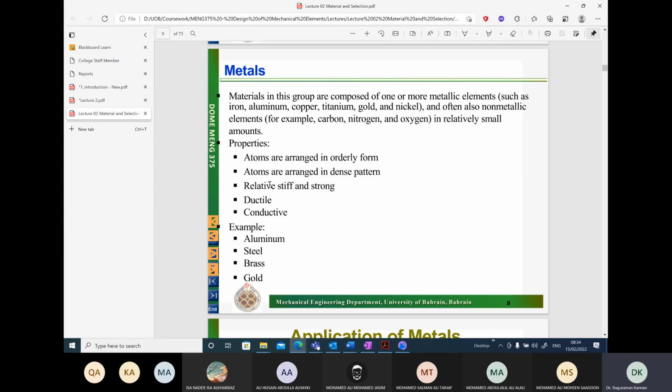Metals and alloys are usually very stiff and strong. They are ductile, leading to plastic deformation, and they have very good conduction properties. The conduction properties could be electrical conduction or thermal conduction.